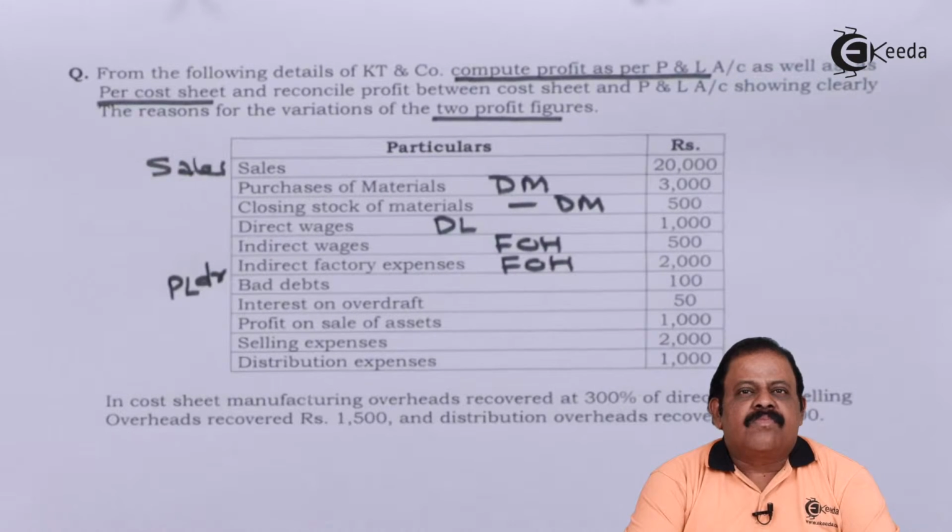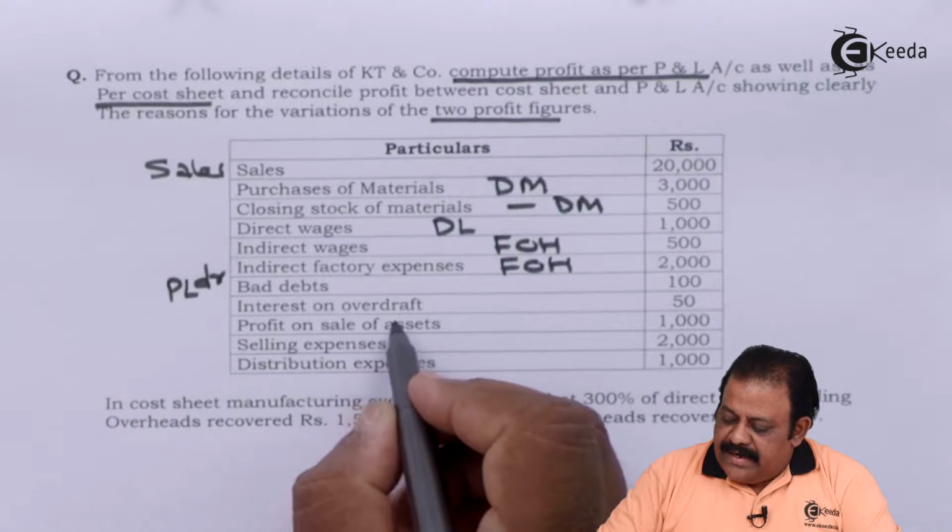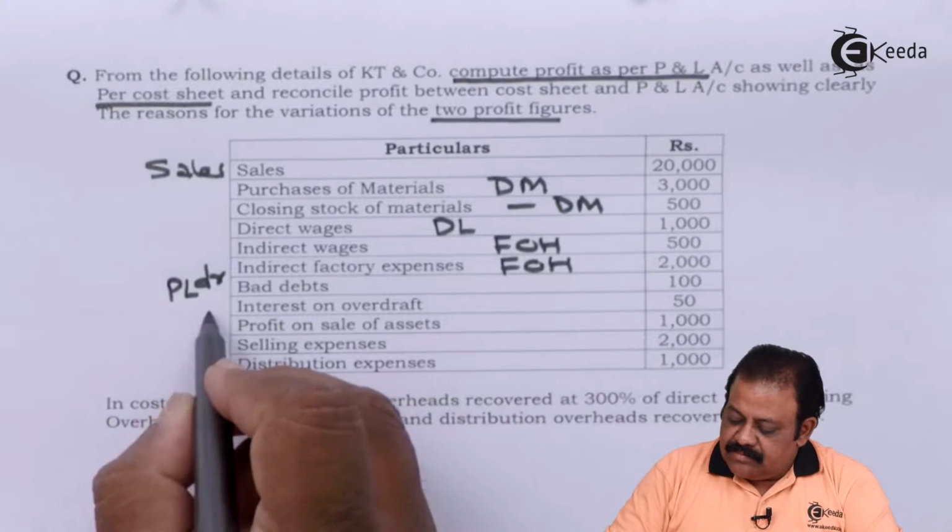If we assume bad debts to be sales expense, then it will be treated as selling overheads, then it will be recorded in cost sheet. We are required to record a note below the question whether we have treated bad debts as a financial expense or sales expense.